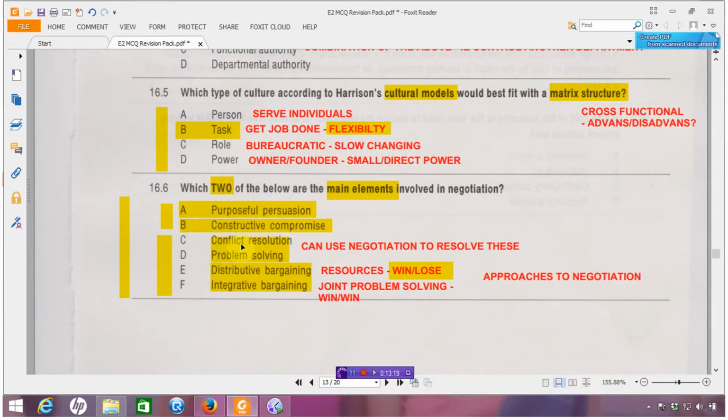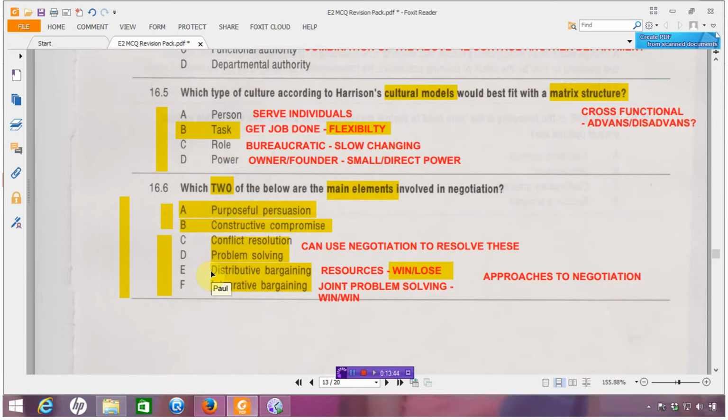Really what we're saying here with conflict resolution, problem solving, as far as your examiner is concerned, is that we can use negotiation to resolve these. In other words, to resolve conflicts or to resolve problems. We can use negotiation.